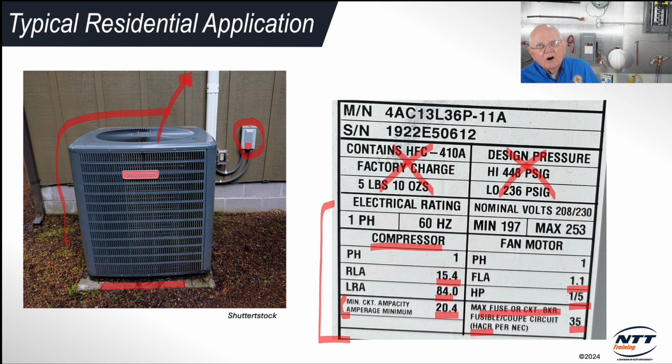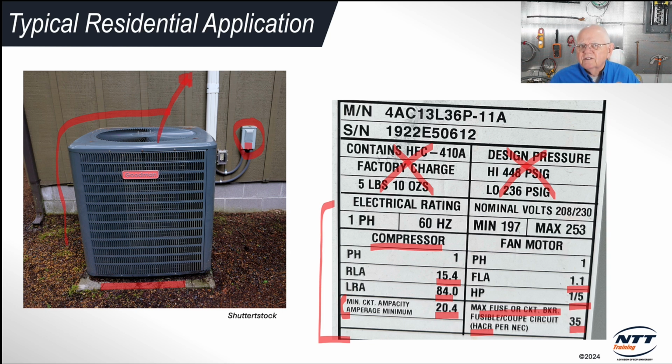You'll certainly see that marked on breakers as well, HACR. Now, let's see here. So if we go to what it's telling me, my conductors have to be able to carry 20.4 amps, and I'm going to put a 35 amp breaker on this for my branch circuit. Let's take a look then.